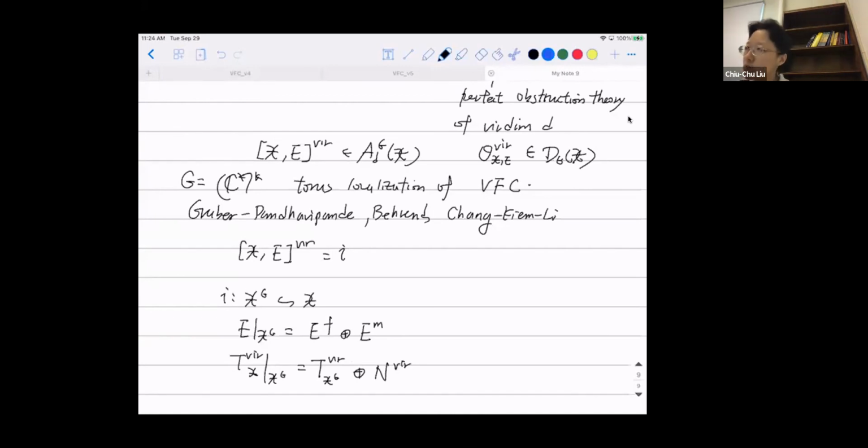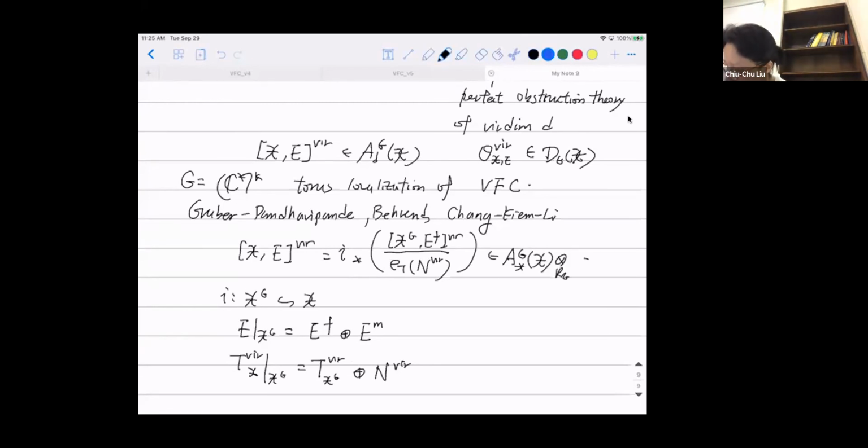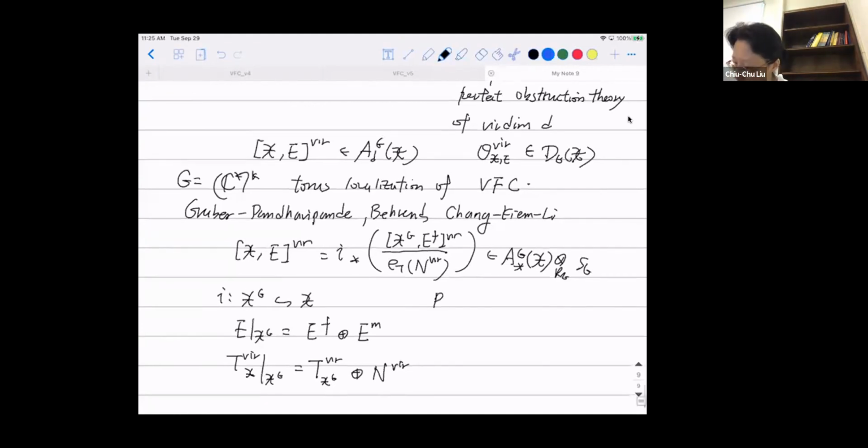Okay, so with this notation, this is in the G-equivariant K-group, but tensored with, so now G is a torus, a k-dimensional torus.